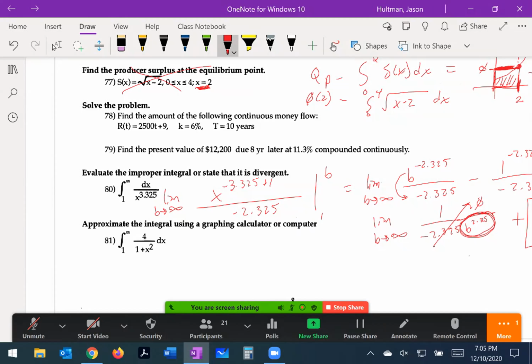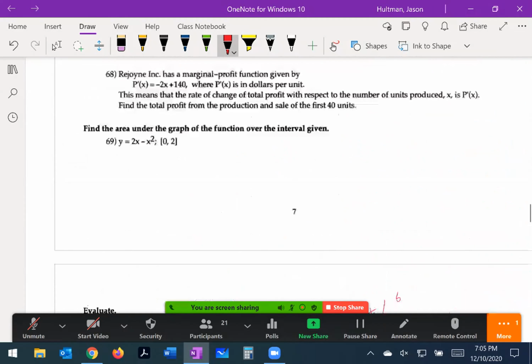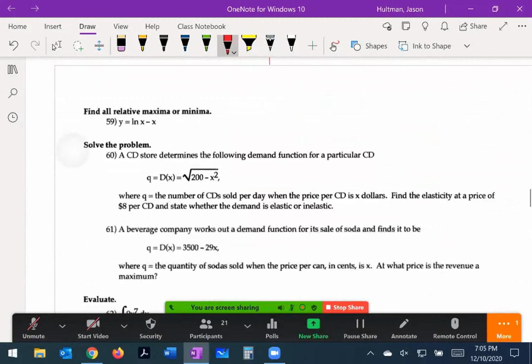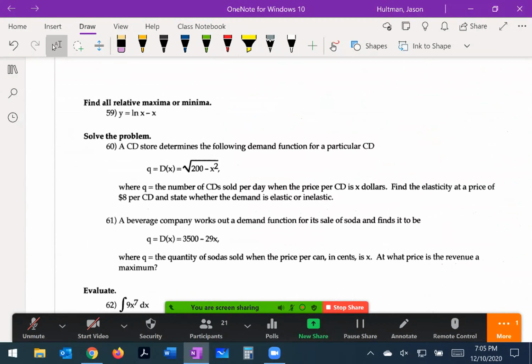Okay, 59. Find all relative maximum or minimum. So we want to find y prime, where y prime is equal to 0. Y prime here is equal to 1 over x minus 1.